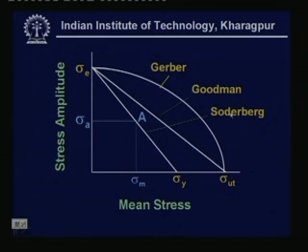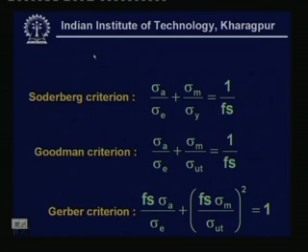You know that in the Soderberg criterion, the material property is the yield point, whereas in the Goodman and Gerber criteria we utilize the ultimate stress, and for the fatigue loading property we have the endurance limit.